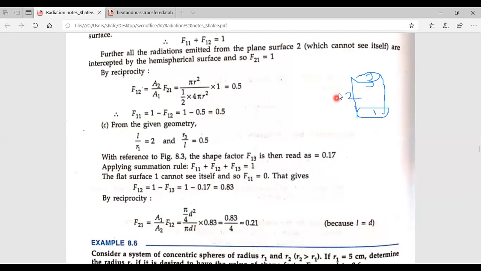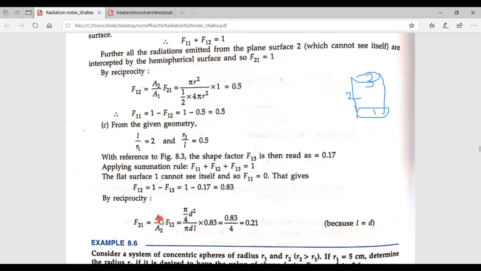Now, how to find out F21? 1 to 3 I have found out, 1 to 2 I have found out. 1 to 3 and 3 to 1 are both the same. But how to find 2 to 1? I'll apply something called the reciprocity theorem: A2 F21 equals A1 F12.